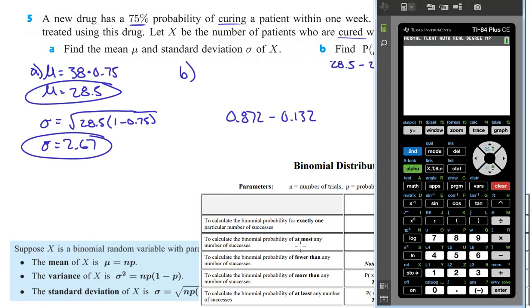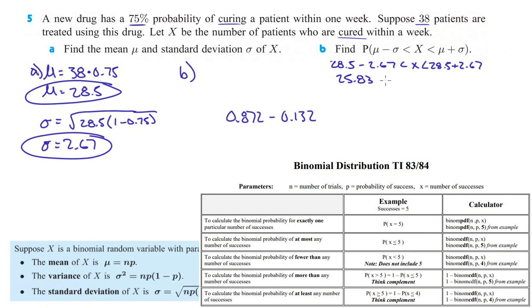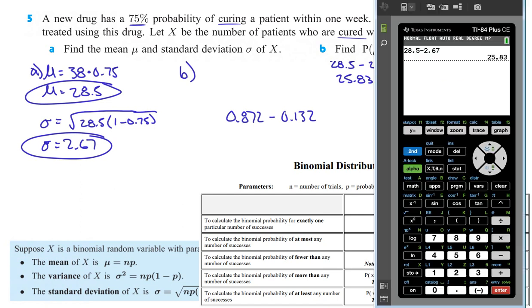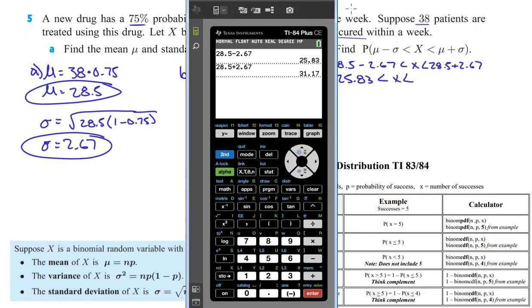So when we do 28.5 minus 2.67, that gives us 25.83. That's less than X, which is less than, and then we do 28.5 plus 2.67. So our high is going to be 31.17.